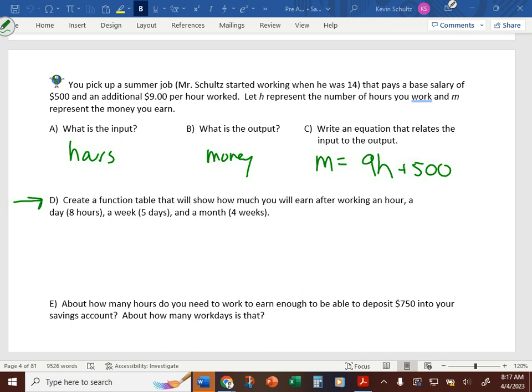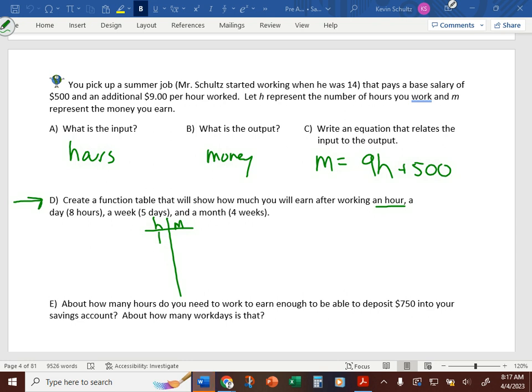This function table involves a little bit of conversion as well. Notice it starts with working for 1 hour. So I'll kind of get you started here. In our function table, let's do H for hours and M for money there, okay? The first number that you're testing is 1 hour, 1 single hour, right?